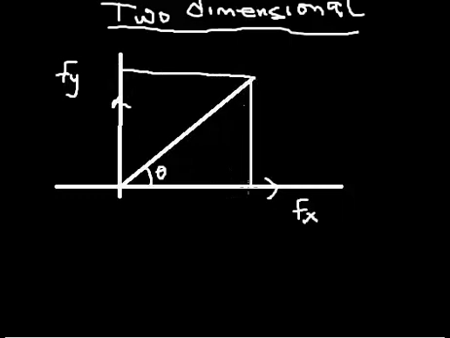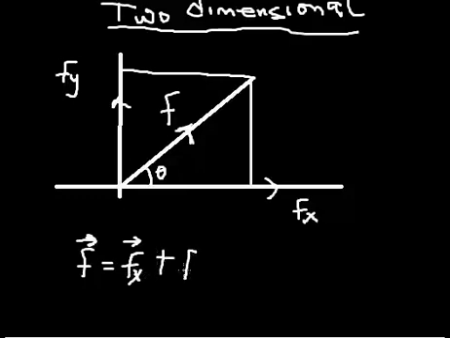So if the force is F, then to represent a vector, we use a bar: we write the symbol of the vector with a bar on top of it. So this vector F, which is neither horizontal nor vertical, is represented by the combination of its horizontal component plus its vertical component.